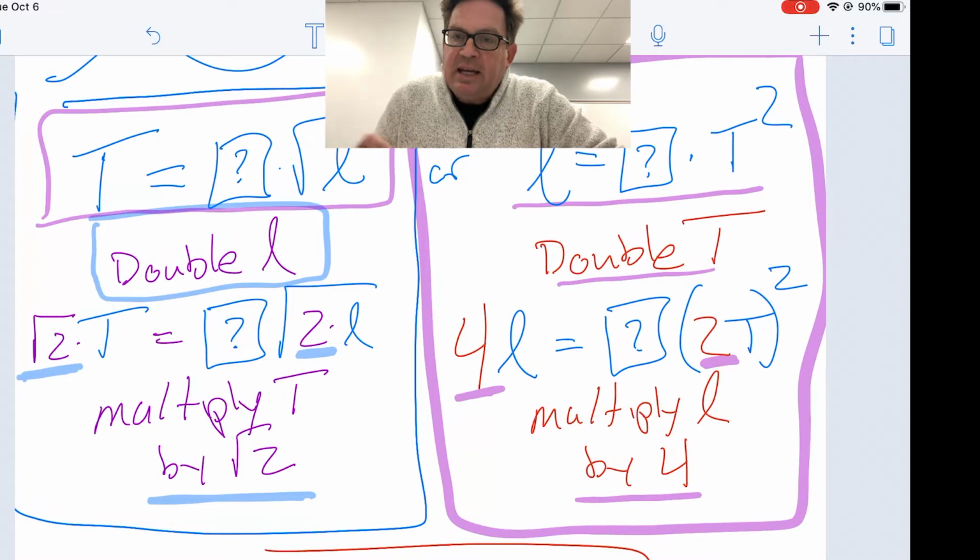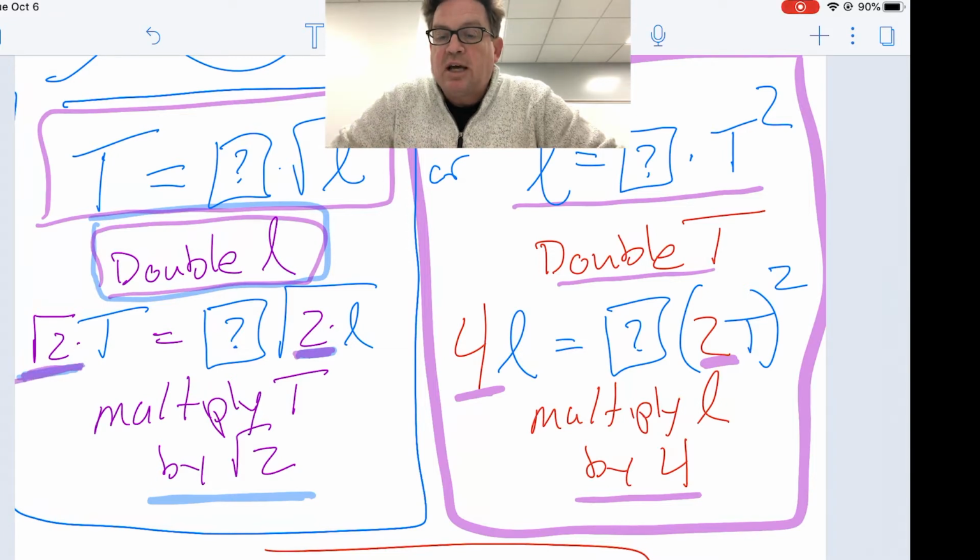If you double the length, you put a 2 into the formula, and you get the square root of 2 times the time. So the time increases by multiplying by the square root of 2.